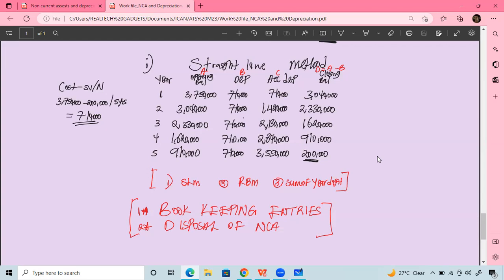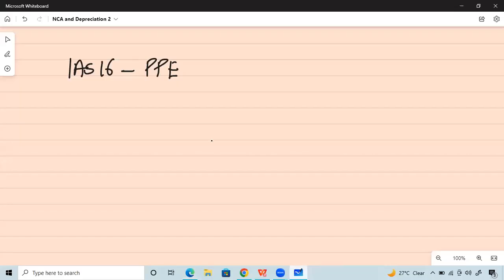That's the remaining two things that we need to talk about, and this is where we stopped during the previous class. So today we are going to start from the bookkeeping entries and disposal of non-current assets.